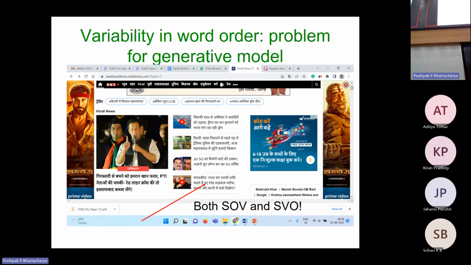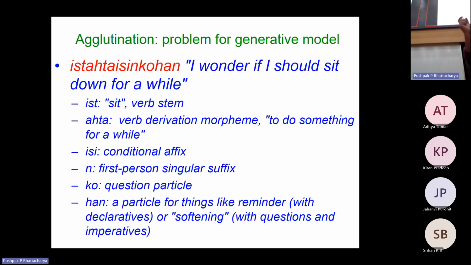And agglutination is the problem of many morphemes coming together to form a word. So this is a Finnish word. I will not attempt to pronounce this word, but it has many important parts. So this whole string means I wonder if I should sit down for a while.